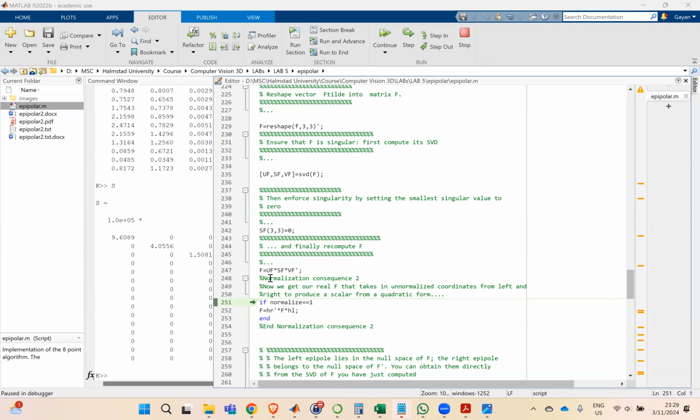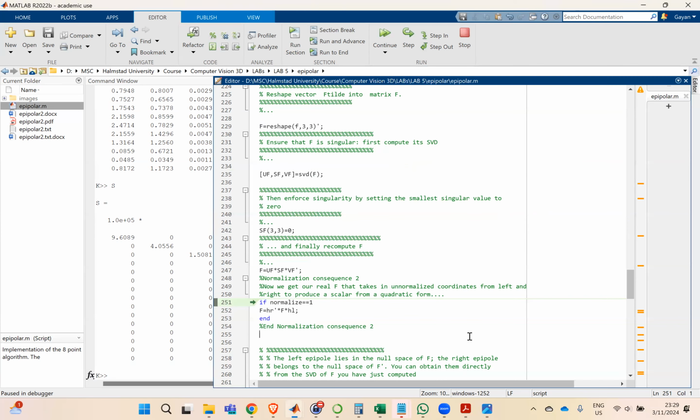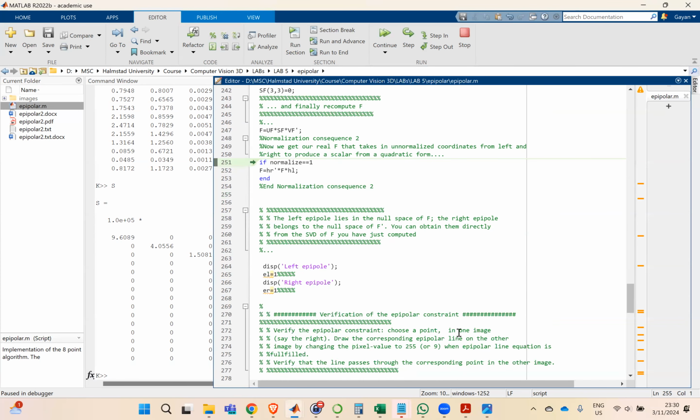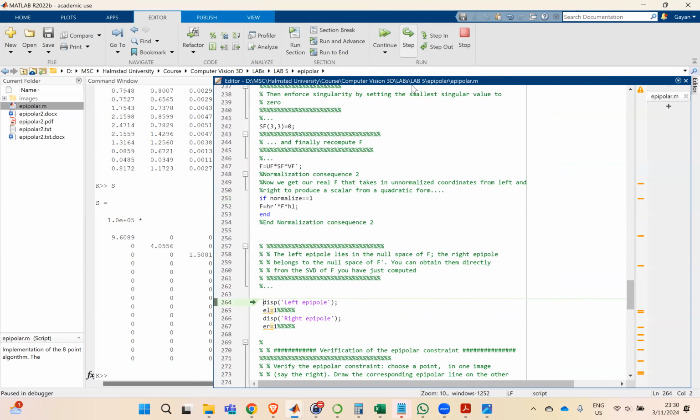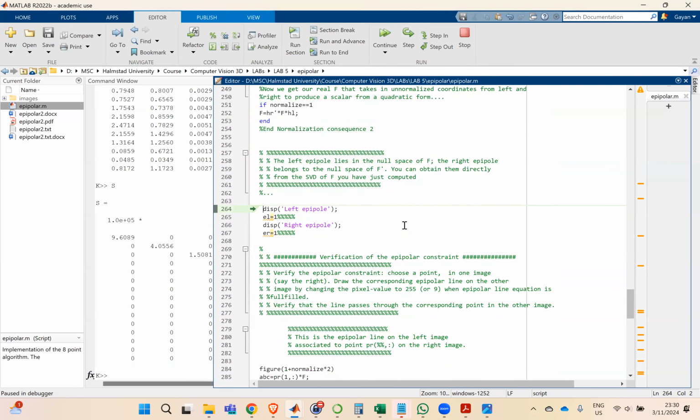So we came up to here. Now we already found F. Let's see what we are doing now. Normalize part, no need because we did normalize. Now we try to draw the epipolar line for a given point.